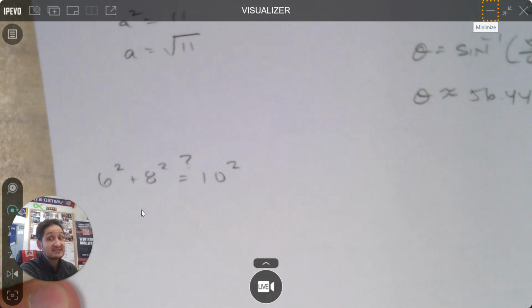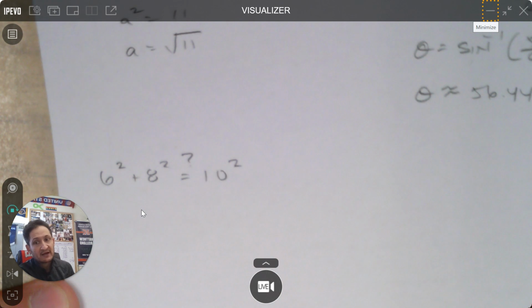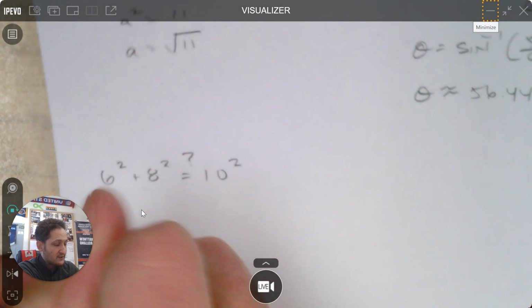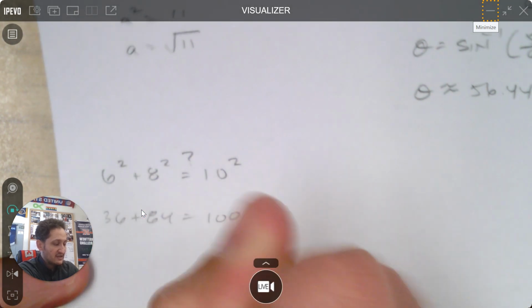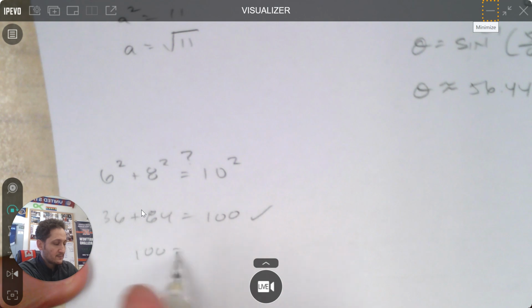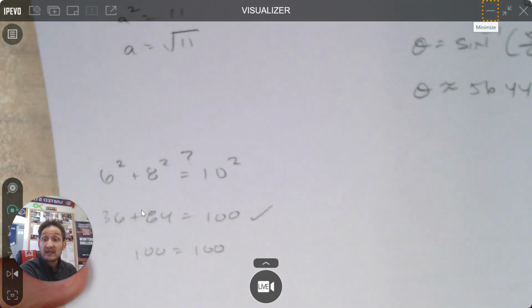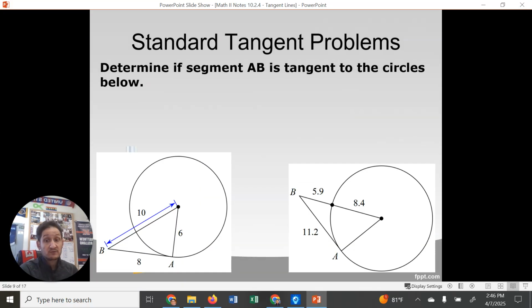If the answer is yes, it's a tangent because it makes a right angle, because right angles can only be done with right triangles in Pythagorean theorem. Yes, 36 plus 64, is that 100? Yes, it is. That's 100 equaling 100. That first one, BA, is a tangent.